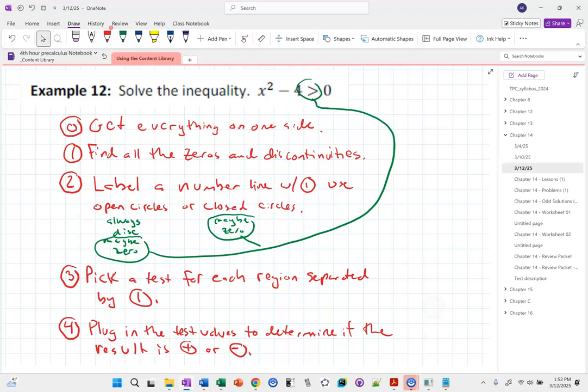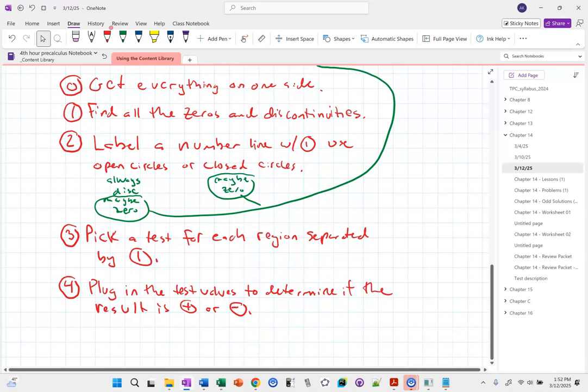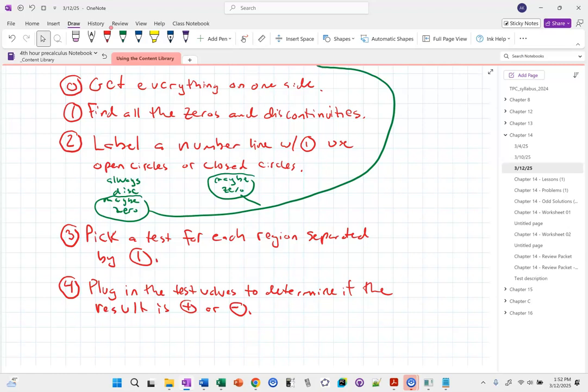After we've decided on our test values, we'll plug those test values in to determine if the result is either positive or negative.